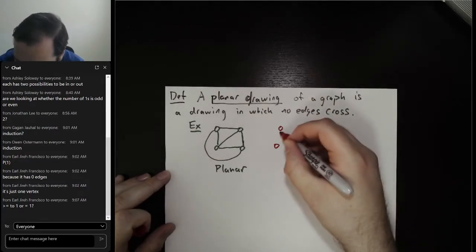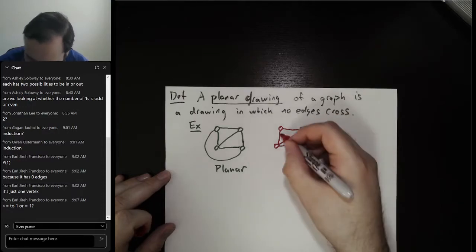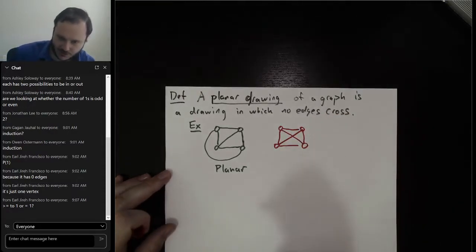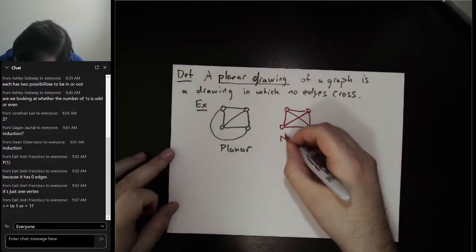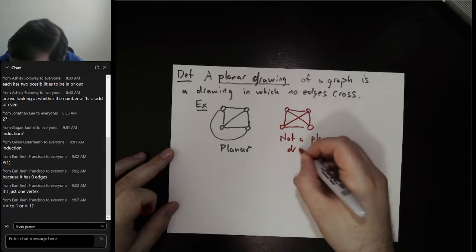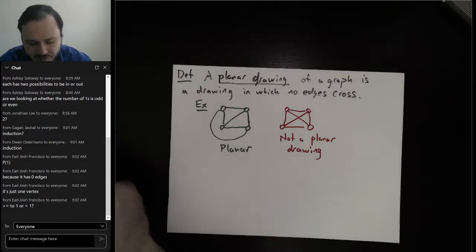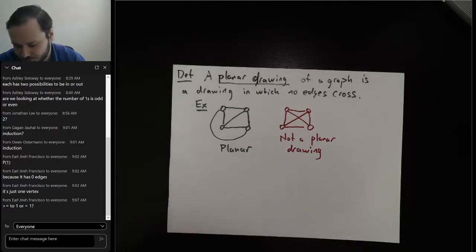Same graph. But now I draw this edge and it crosses over another edge. And then a graph is planar if there exists a planar drawing.